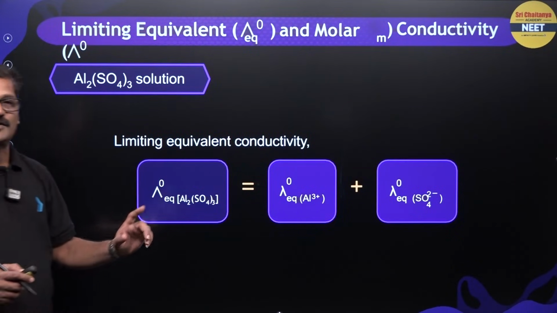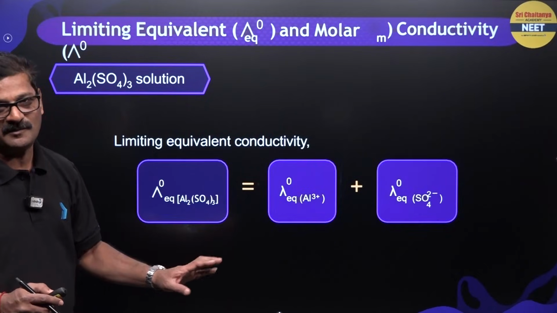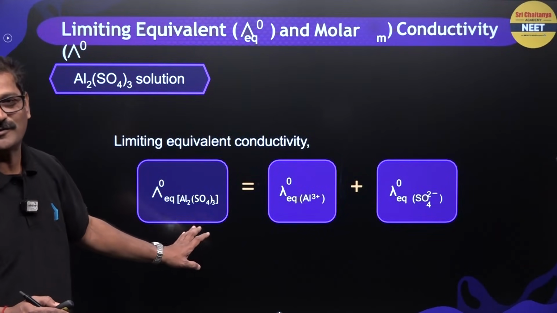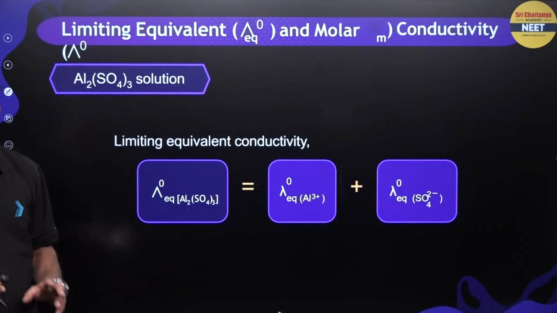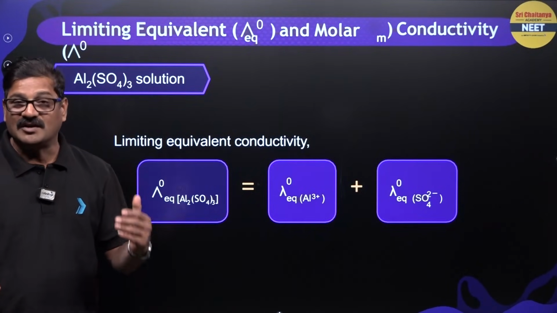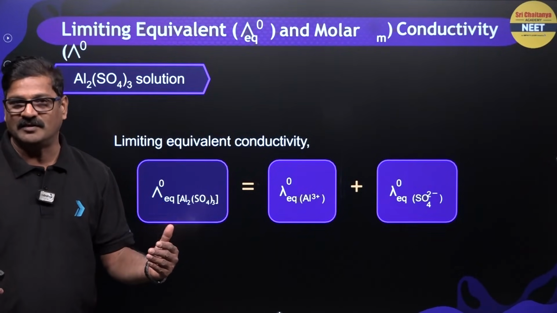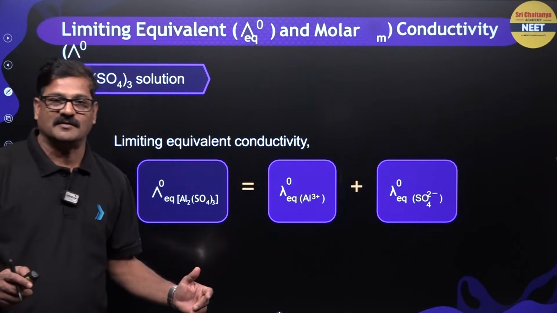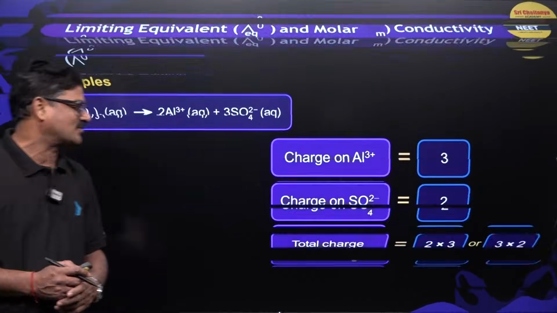So, molar conductivity you multiplied with 2 and 3 here, but equivalent conductivity you need not multiply with 2 and 3. Directly, equivalent conductivity of Al2(SO4)3 is equal to the equivalent ionic mobility of aluminum plus the equivalent ionic mobility of sulfate ion, which is the correct answer for these questions.